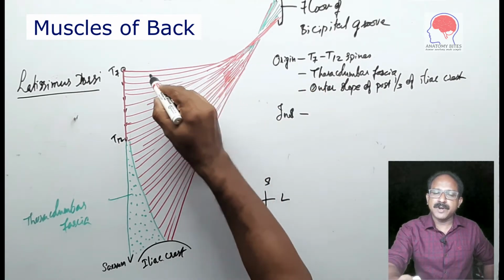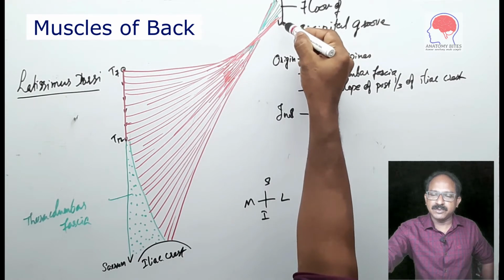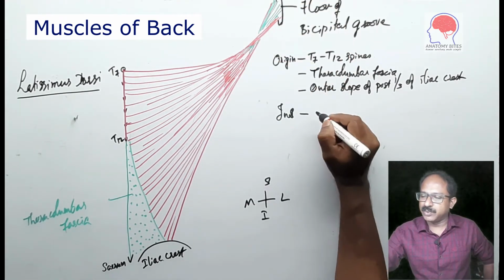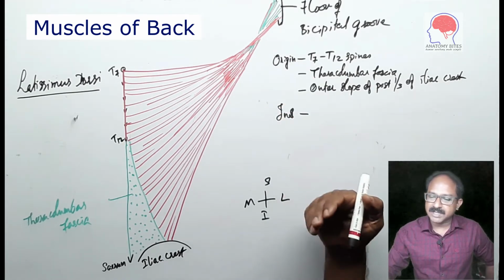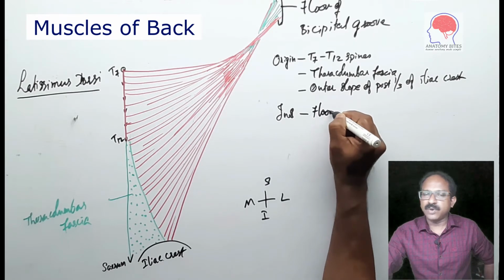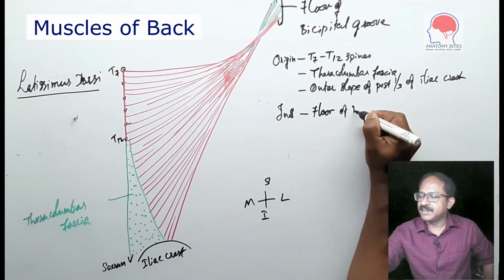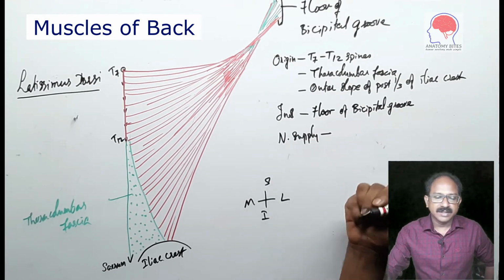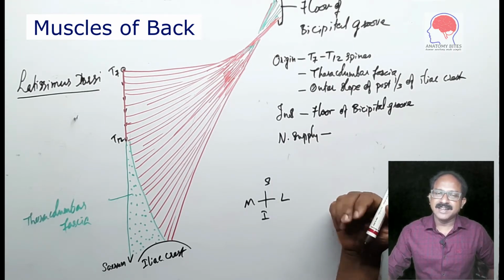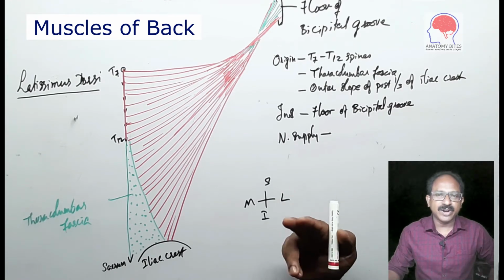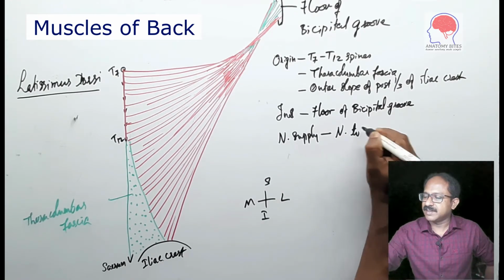That means the upper fibers are inserted to the lower part of the groove, and the lower fibers are inserted to the upper part of the bicipital groove. So the entire muscle is inserted to the floor of the bicipital groove. Nerve supply to this muscle is the nerve to latissimus dorsi, which arises from the posterior cord of the brachial plexus.